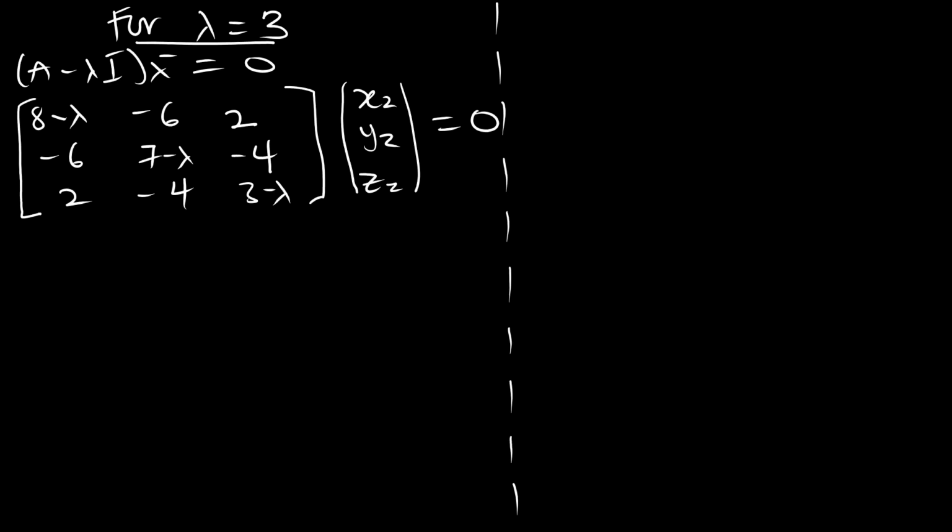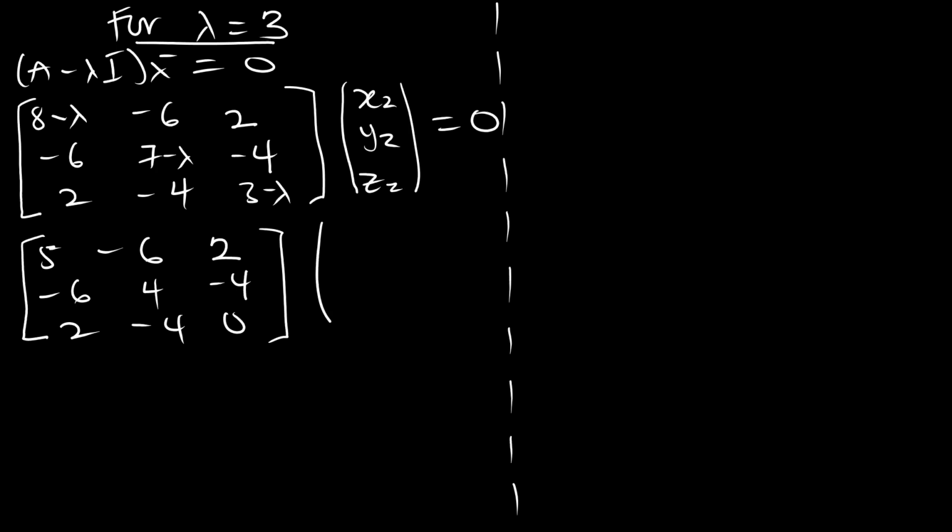So now let's put in the value of lambda to be 3, and our corresponding matrix is going to be 5, negative 6, 2, negative 6, 4, negative 4, 2, negative 4, 0, multiplying x2, y2, and z2, equal to 0. Quite simple now.